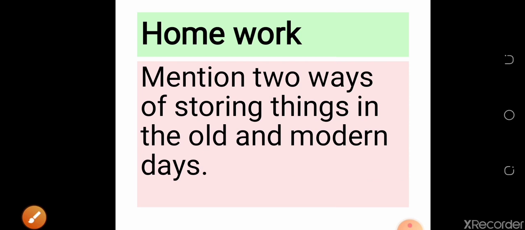Before we get to our homework, I said again that storage means keeping things for future use. Currently in Rivers State, we are on lockdown, and this has made most parents go to the market to buy food items in larger quantity.